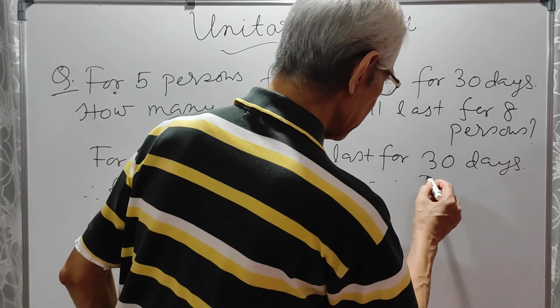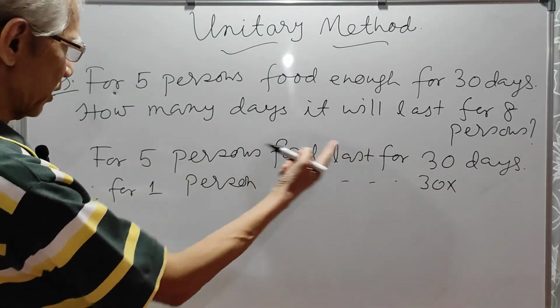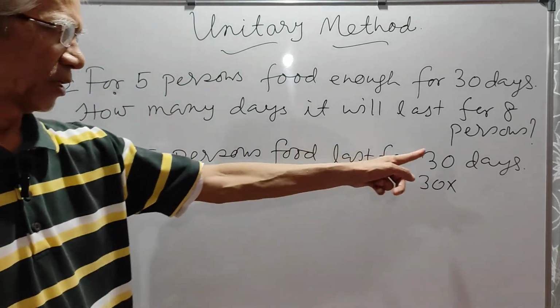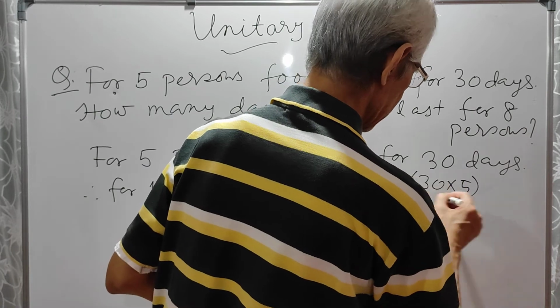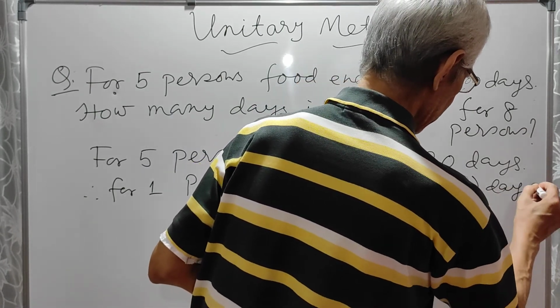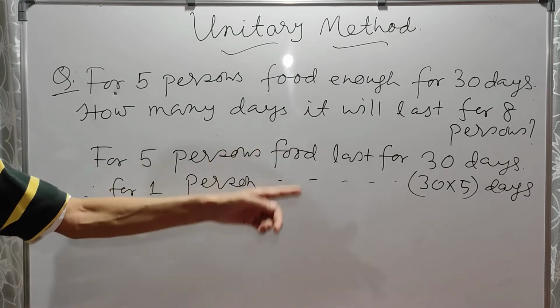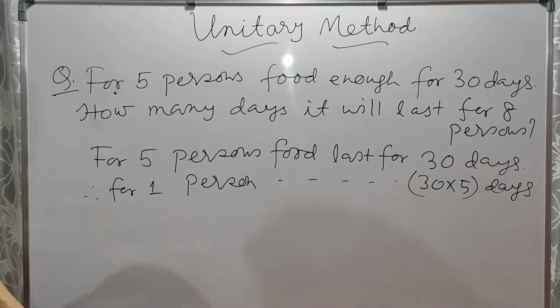So for how many days? 30 into right number by left number, always. Whether you multiply or divide, always right number by left number. So 30 into 5 days. If there is only one person in the family, then the food will last for 30 into 5 days.